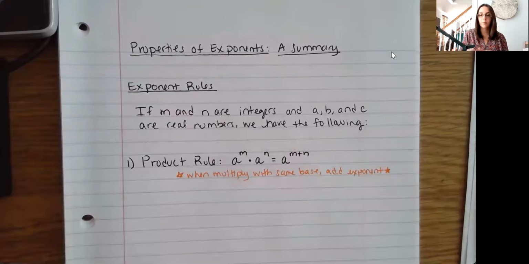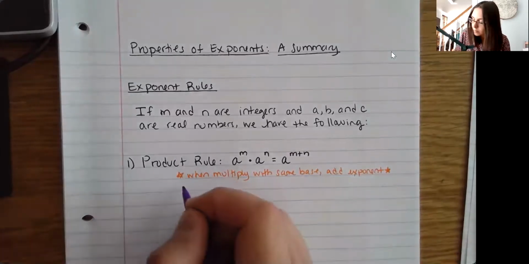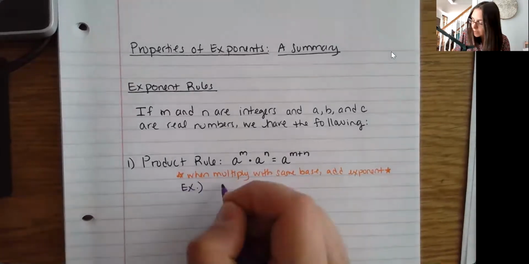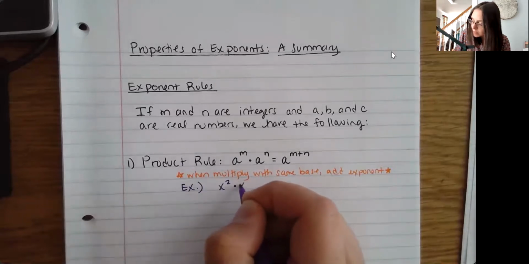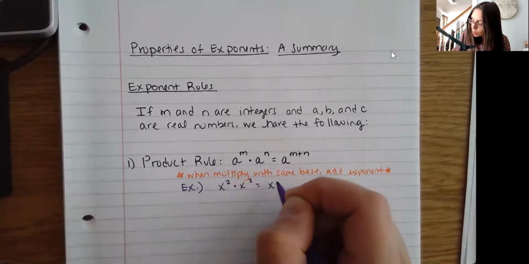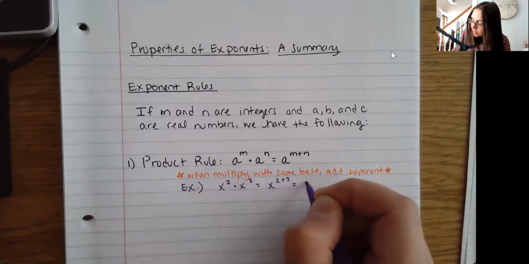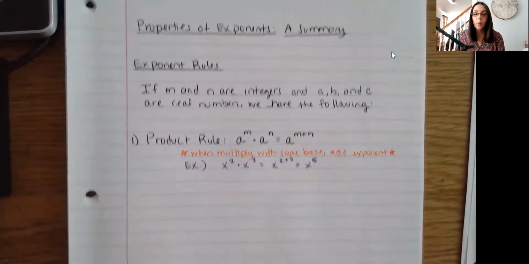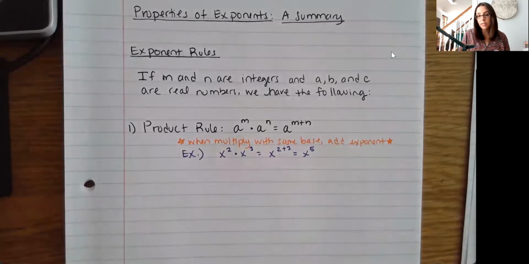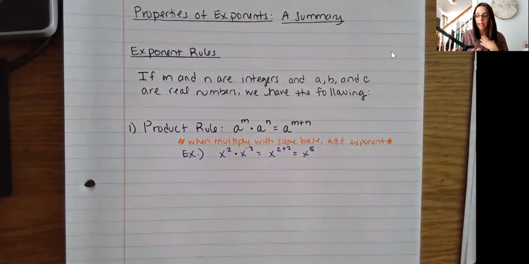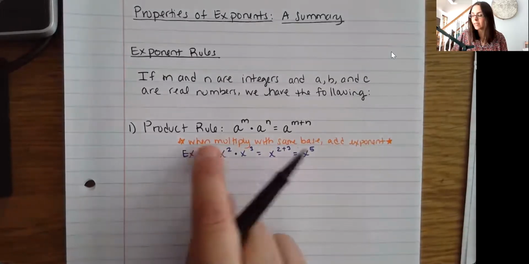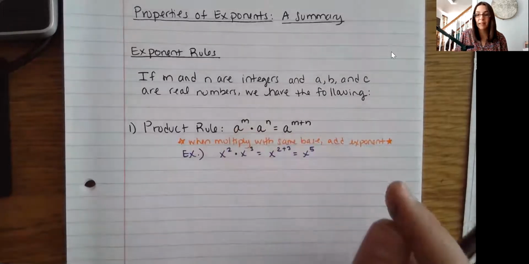And maybe we'll do our examples in purple. So something like x squared times x cubed would be x to the 2 plus 3, which is x to the 5th. Now, when I write my definitions, I personally like to put in words what things mean. I find it easier. If I look at something like this back in my notes, I may not have any idea what it was saying.